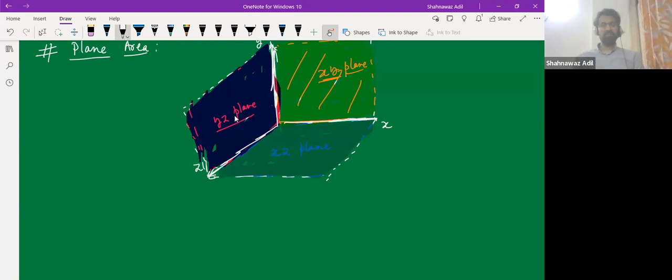Normal to XY plane would be which direction? Perpendicular to XY plane, what would be the direction, guys? Please think and tell.